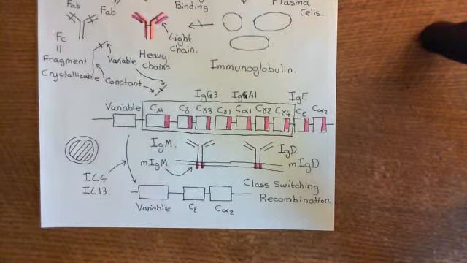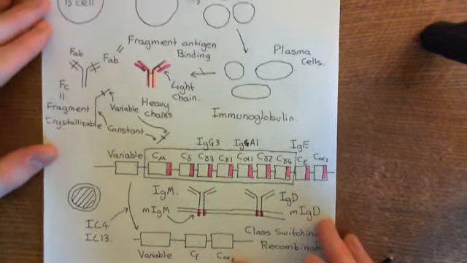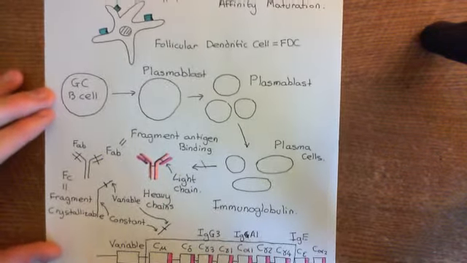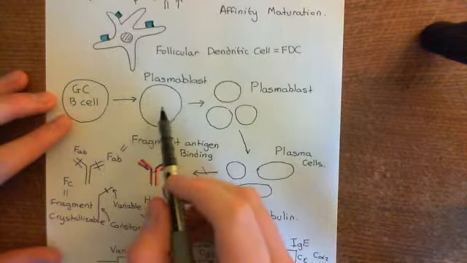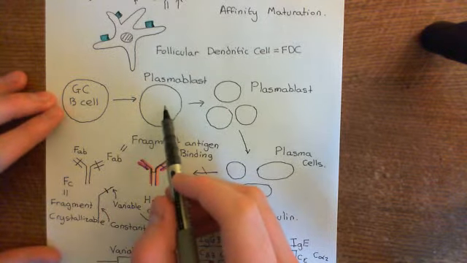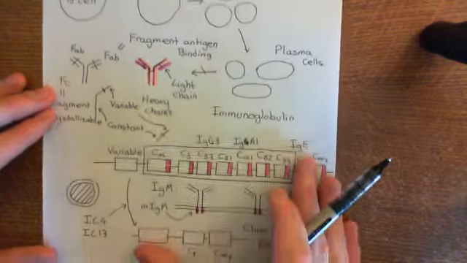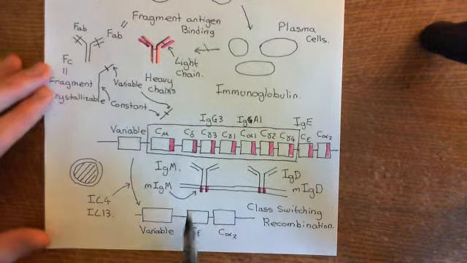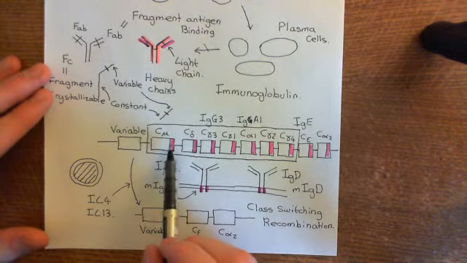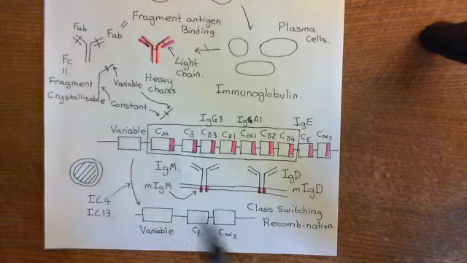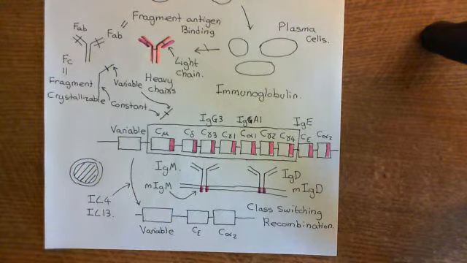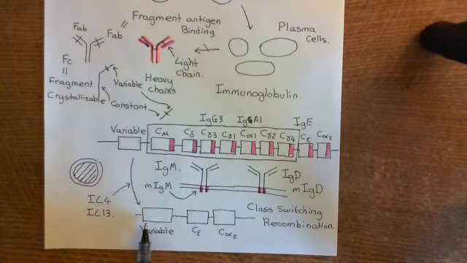Then, when these germinal center B cells that have class switched to IgE become plasmablasts, these plasmablasts will also have no choice but to produce IgE because the DNA has been changed. They've got rid of the constant mu region. They have no chance of producing immunoglobulin M. They haven't got that DNA anymore. They can basically only produce IgE.